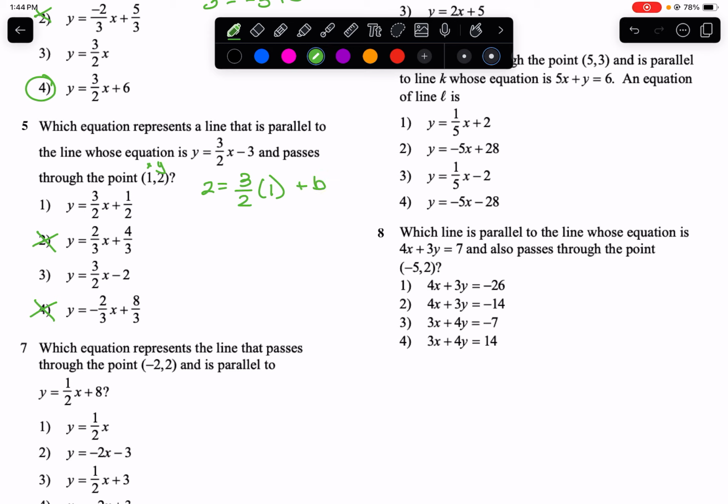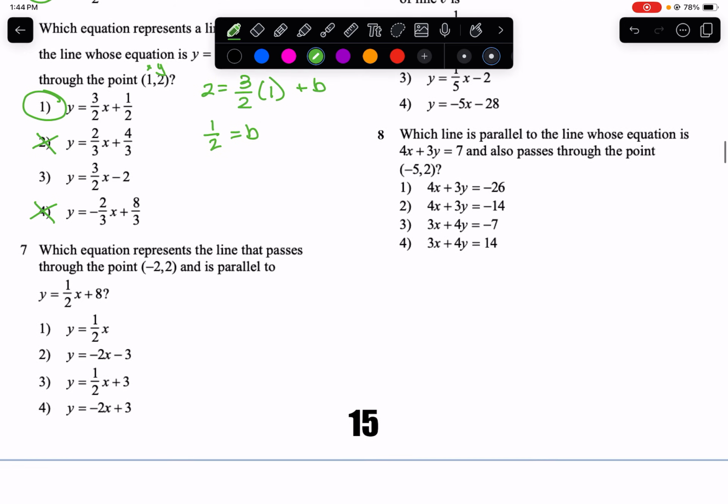So we're doing 2 minus 3/2, which gives us 1/2 on this side. So b is equal to 1/2. So this is going to be the equation of that line.